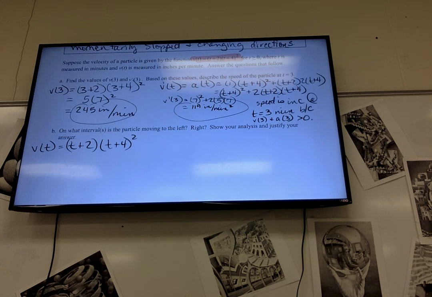Okay, so we're going to set that equal to 0. Basically, it's like we're finding maxes and mins, but this is already the derivative because this is the velocity. So if you set t plus 2 equals 0 and t plus 4 squared equals 0, you get t equals negative 2 and t equals negative 4.